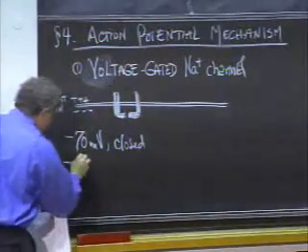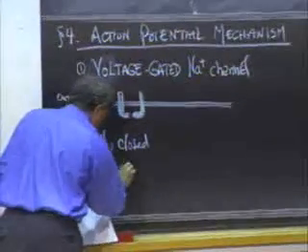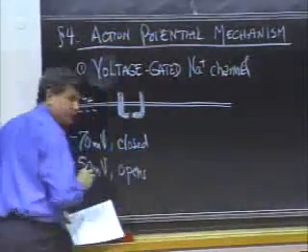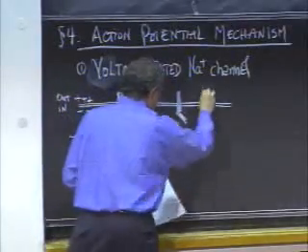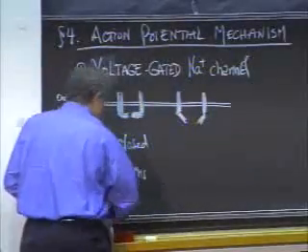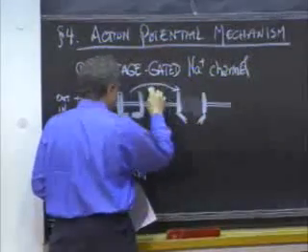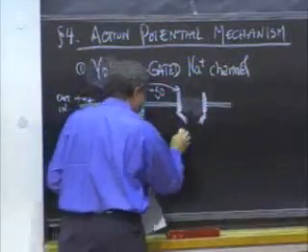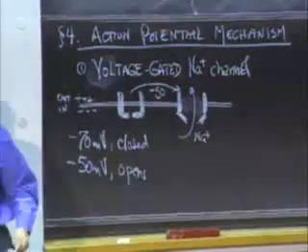But if I can transiently depolarize the cell to minus 50 millivolts, it opens and admits sodium. So when I get to minus 50, it opens. Now, what will sodium do when that door opens?